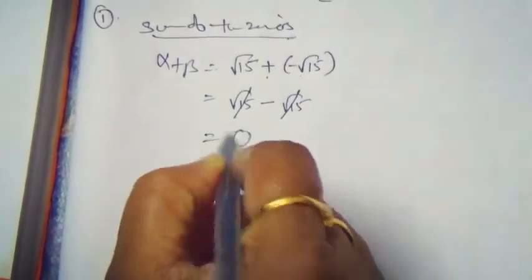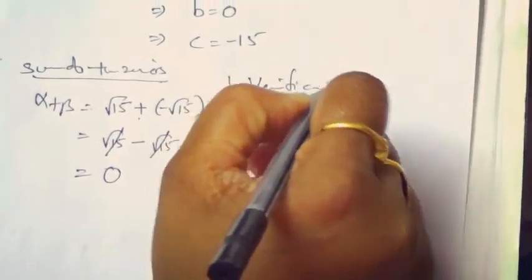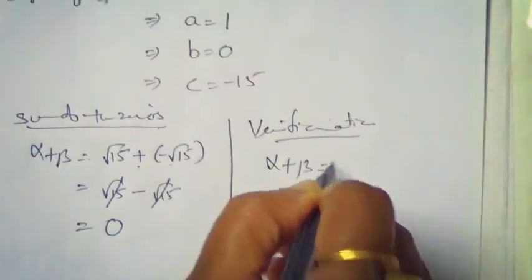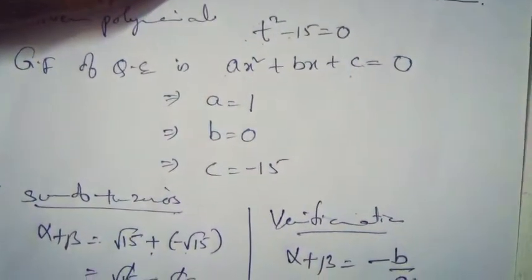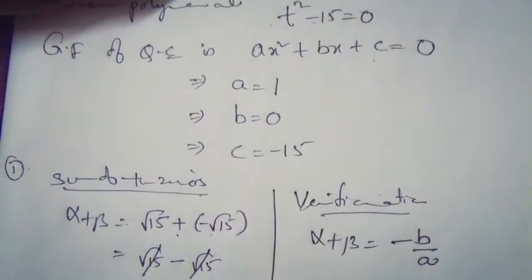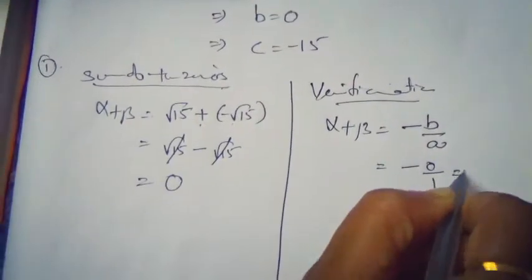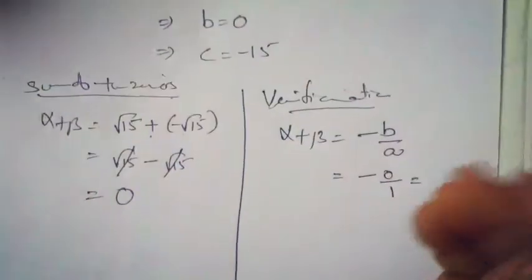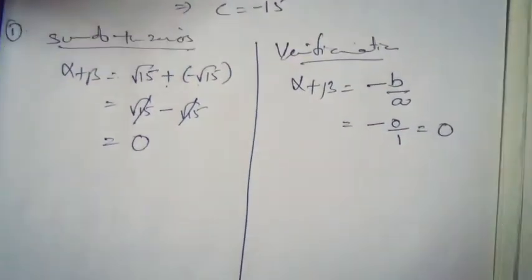These two cancel, you will get 0. Okay. Verification. What is the verification for this? Alpha plus beta, the formula is minus b by a. Minus b value is 0, by a value 1. Whatever the numerator, if you have 0, then the value becomes 0.